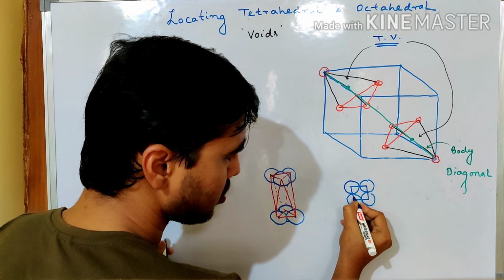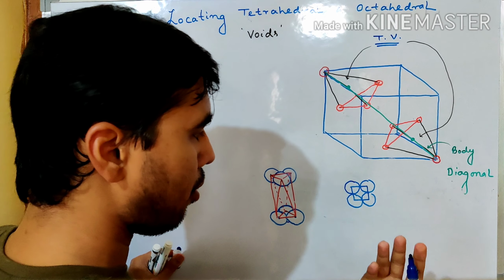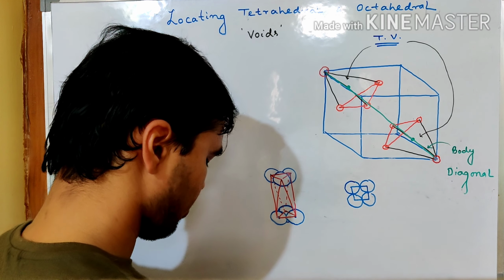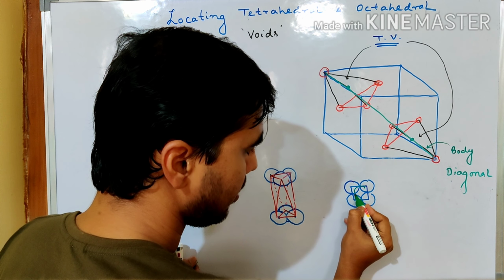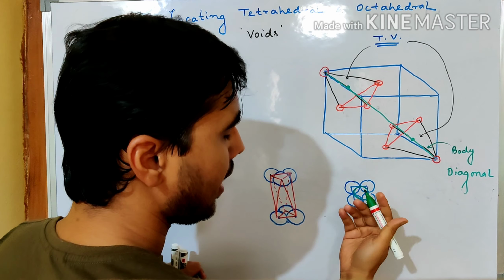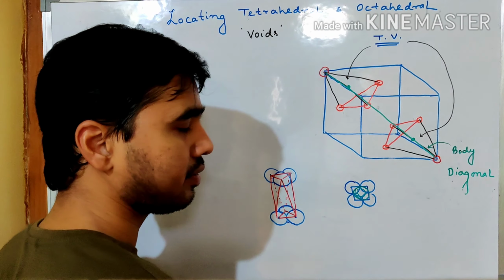So they will form a square planar structure like that. One atom will be above, that means one atom will be here and one atom will be below, that means just behind it, isn't it?